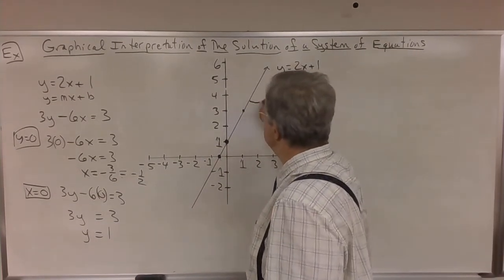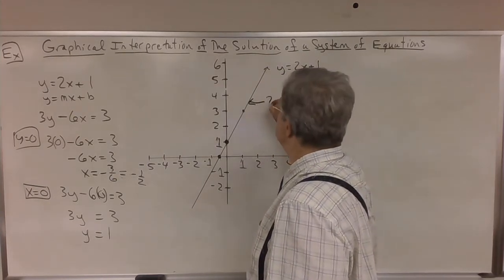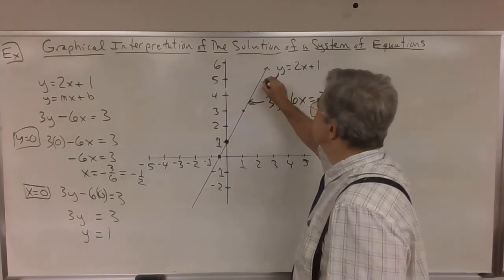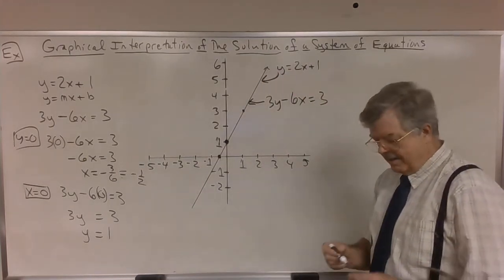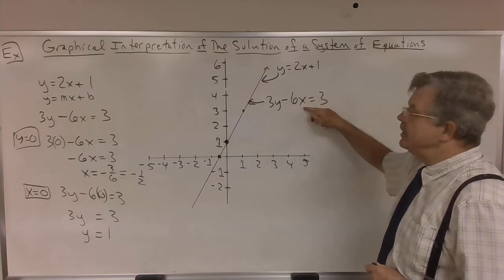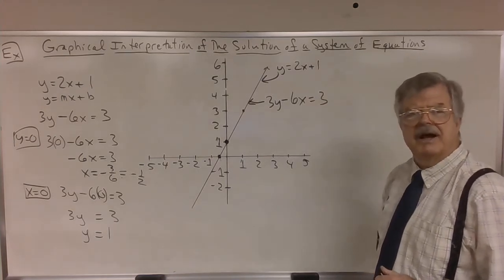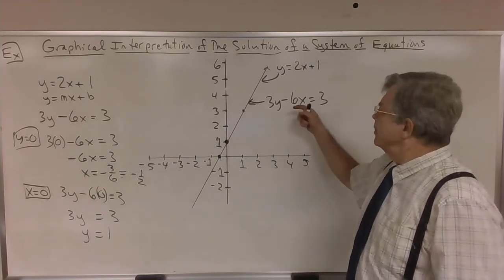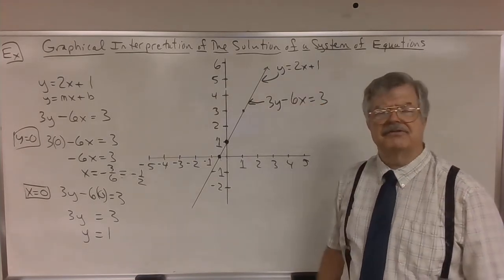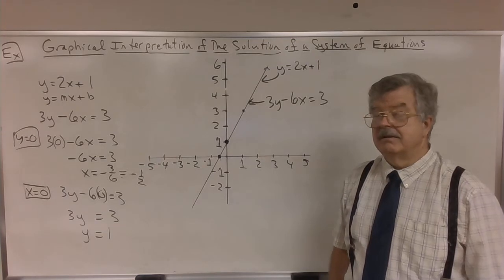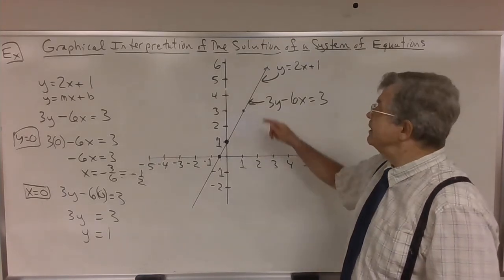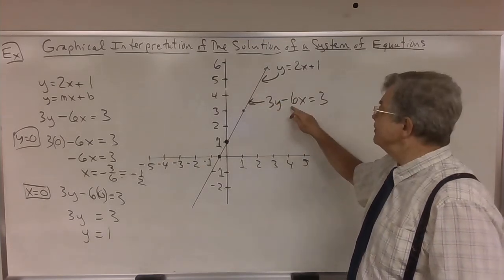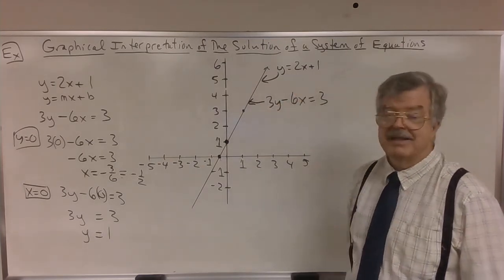This is also the line 3y minus 6x equals 3. Both of these equations give me the same line. So I guess the question now is, where do these 2 equations intersect? And the fact of the matter is, every point on this line is a point of intersection of this line and this line.